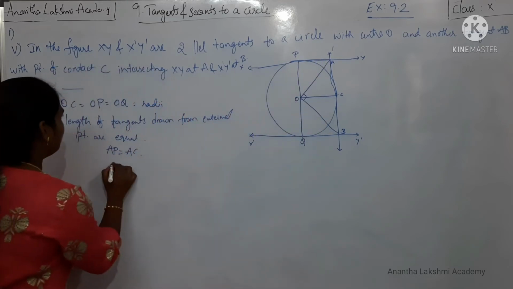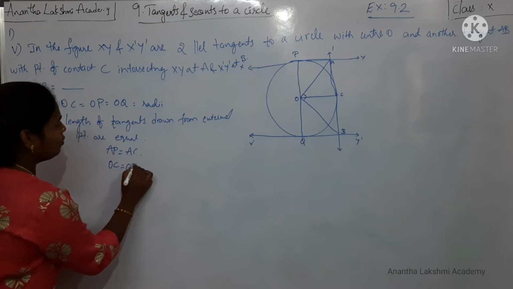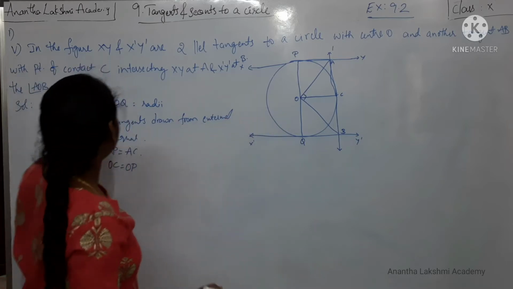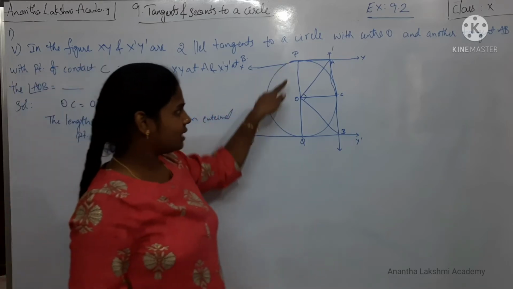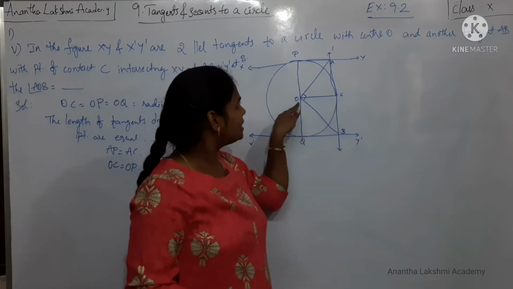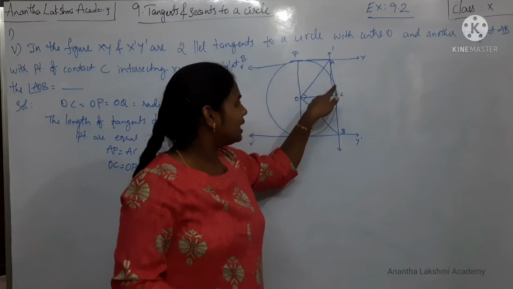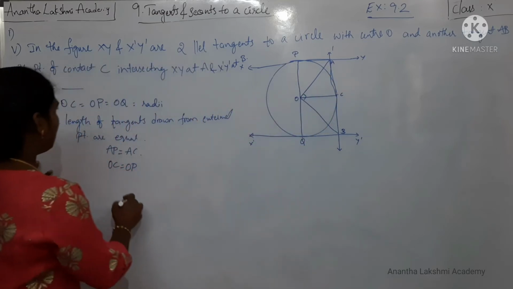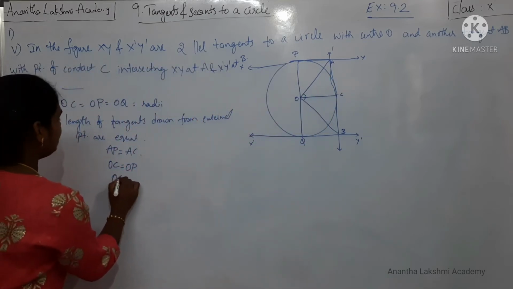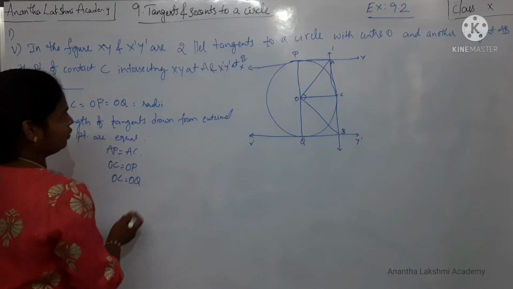Also, OC is equal to OP. That we already know because that is the radius. Now here, OC is equal to OP and AP is equal to AC and OC is also equal to OQ.